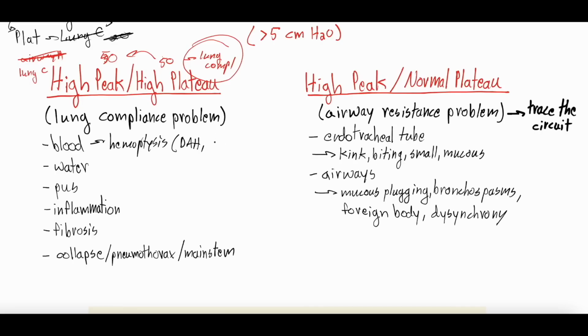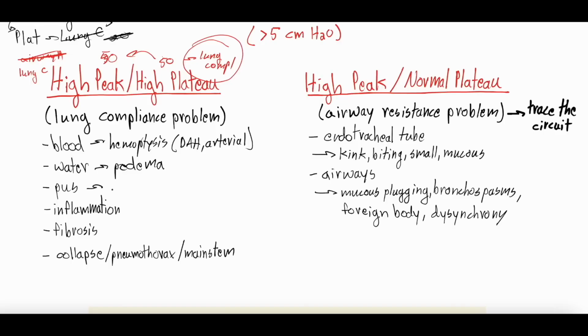It can be from any type of arterial bleeding in the lung, right? So blood in the lung can cause abnormal lung compliance, right? Because that blood gets in all those alveoli, clogs them up, doesn't allow them to distend as they would normally, right?